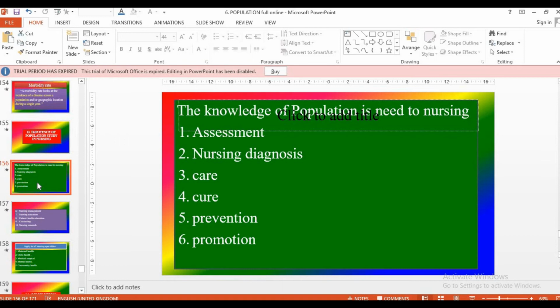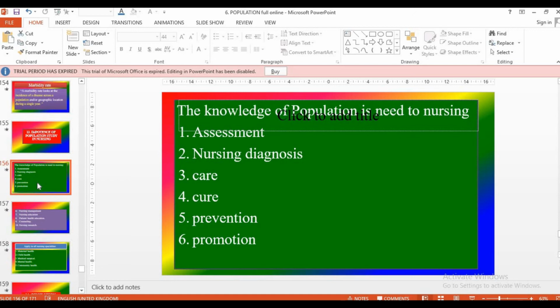Then prevention of diseases: prevent communicable as well as non-communicable diseases. Mainly formulate a prevention program. First, study the population, the particular geography of the population, and collect statistics. Population characters should be collected. According to that, we can formulate the prevention program to prevent mental illness, physical illness, and communicable diseases.